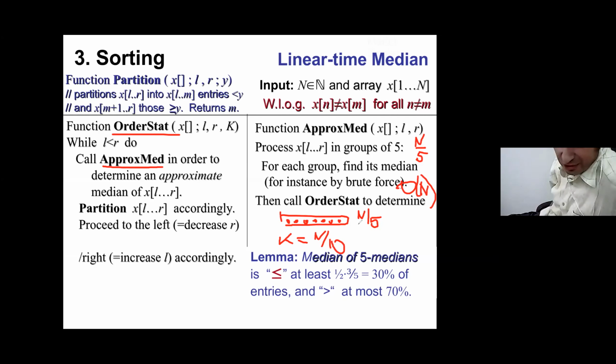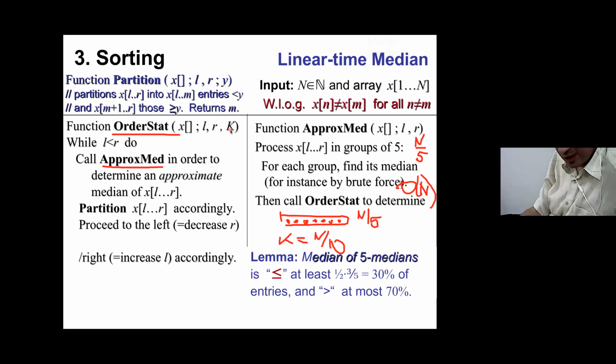In particular, when you set k to be half of the size of the array, so when k is half of r minus l plus 1 or whatever, this order statistics will output the precise median.